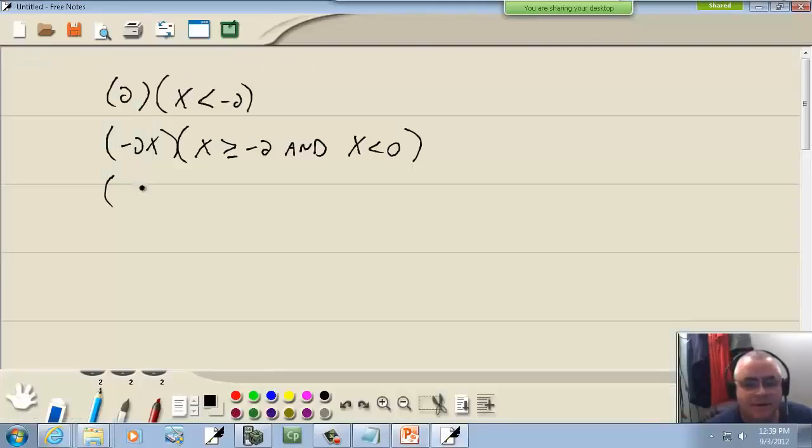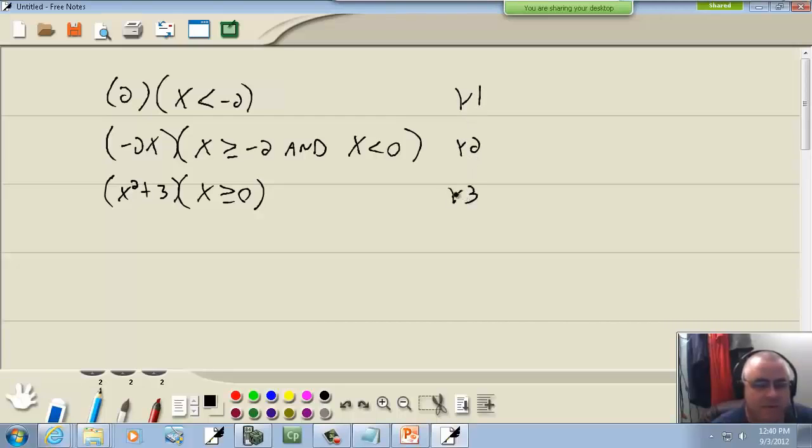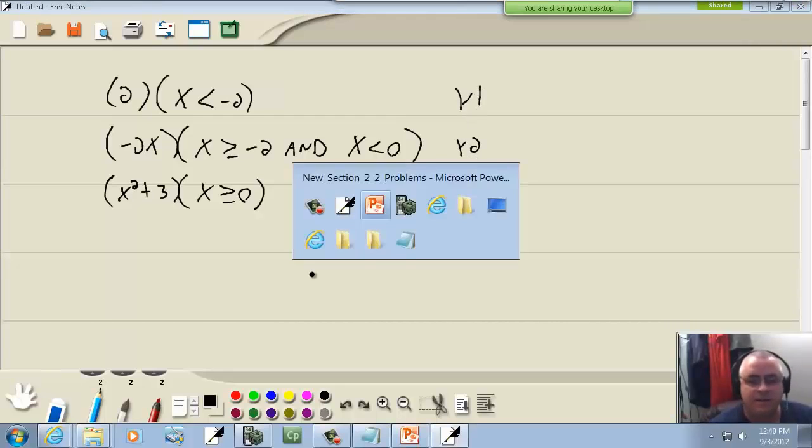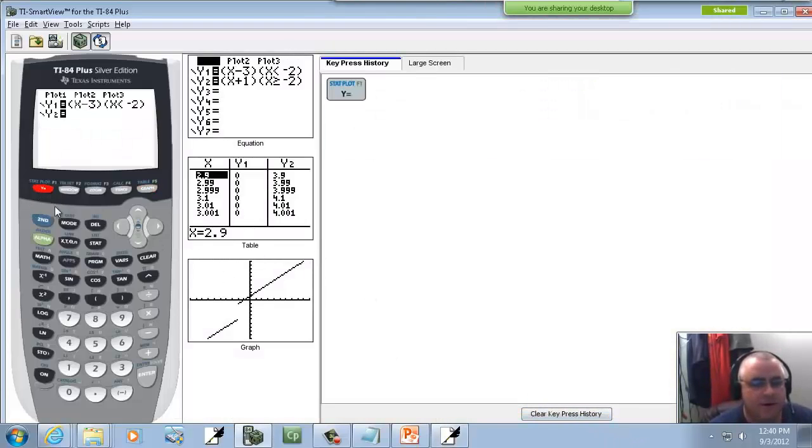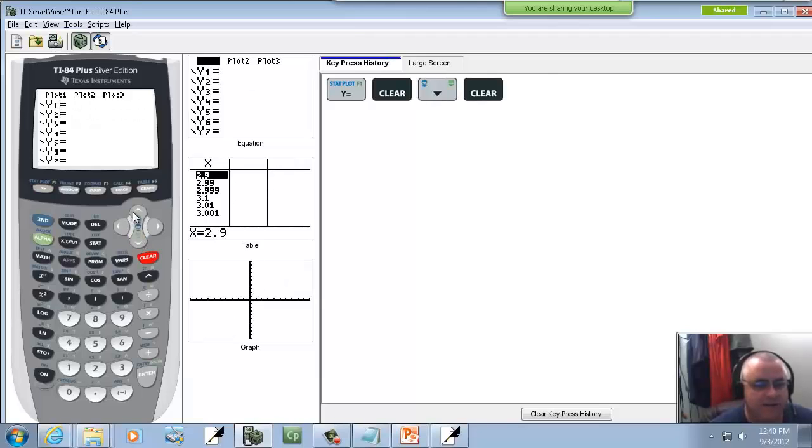And then this other one is x squared plus 3, and then parentheses around it. And then x is greater than or equal to 0. Well, this one I'll put in y1, this one I'll put in y2, and this one I'll put in y3. So let's look at this on the calculator. Press my y equals, I press clear on the first line, down arrow, press clear on the second, get that all cleaned out. Okay, go back to y1.